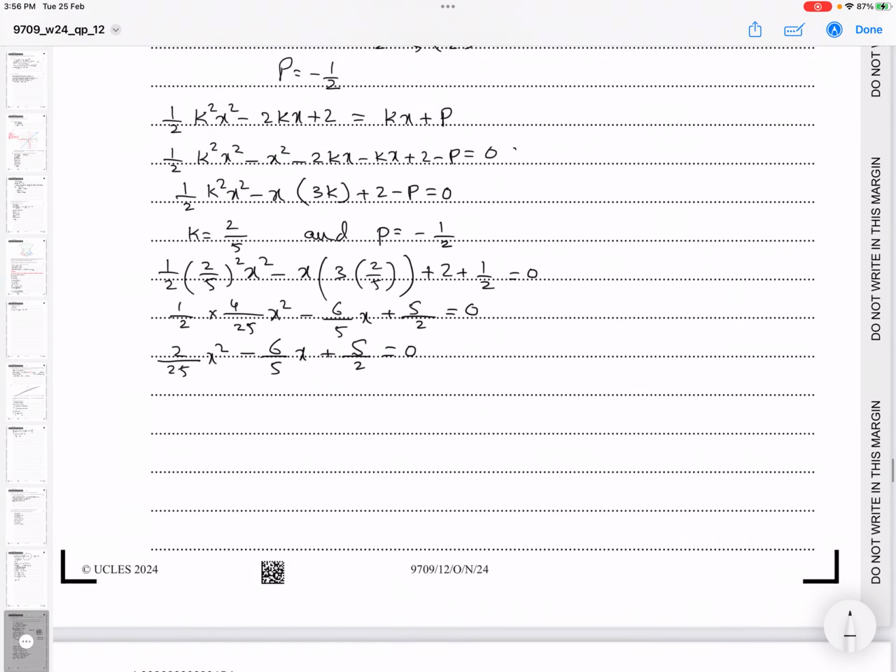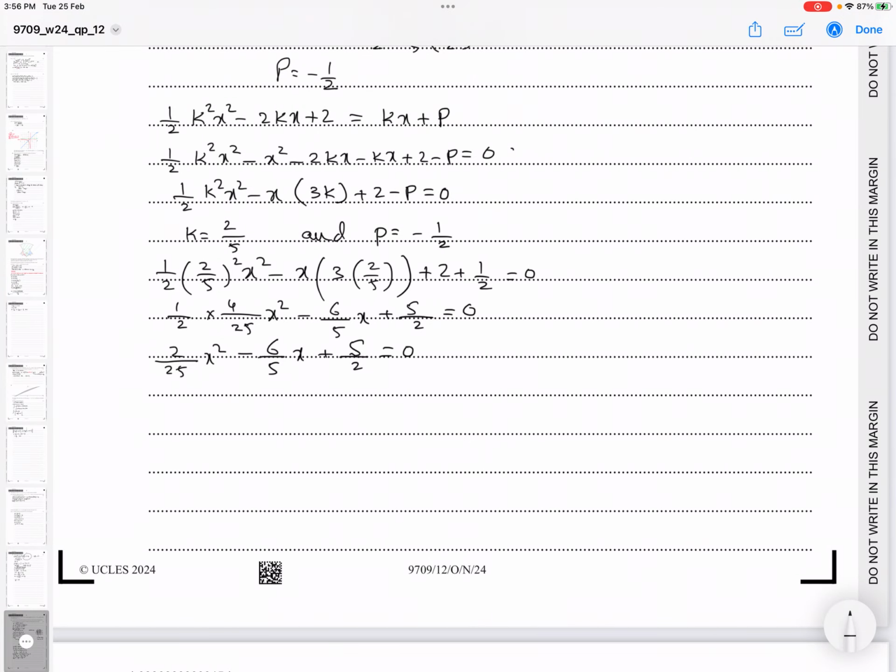So now here you have to use the quadratic formula because it's difficult to make factors. a equals 2 over 25, b equals minus 6 over 5, and c is equal to 5 over 2.